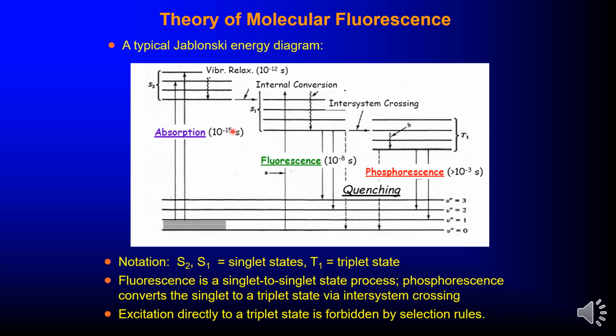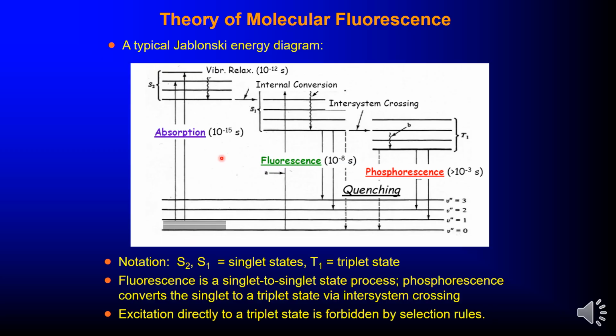If you look at this diagram, there is what we call internal conversion, then intersystem crossing, then we have fluorescence. Maybe we will need another time to discuss more on the Jablonski diagram.